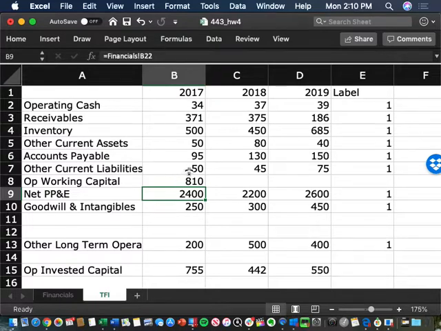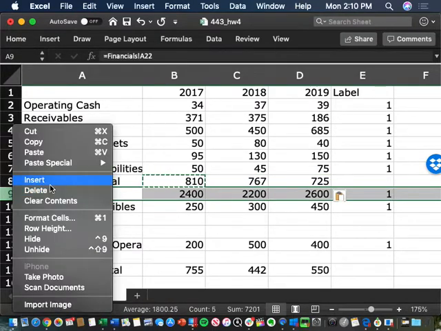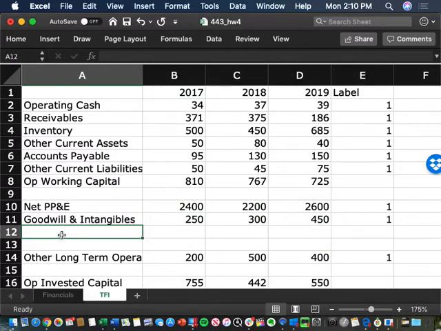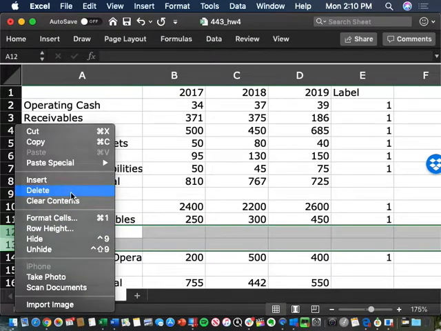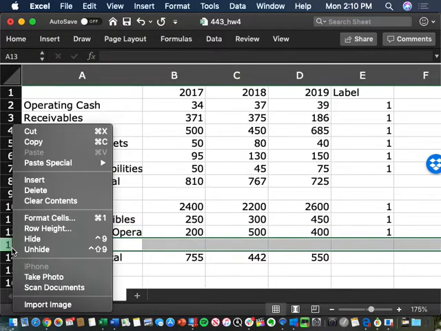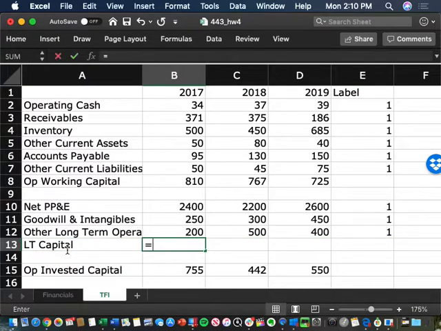But nonetheless, we will add a row in here just so it's easier to see the sections, to our long-term invested capital, which is the assets that are long-term minus the liabilities.